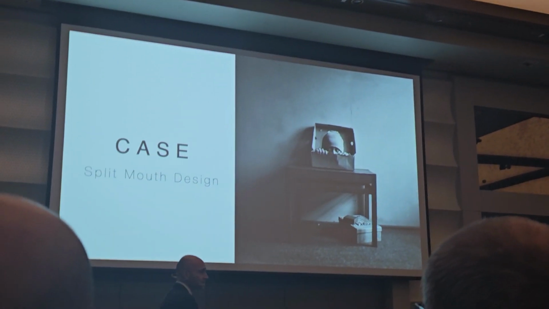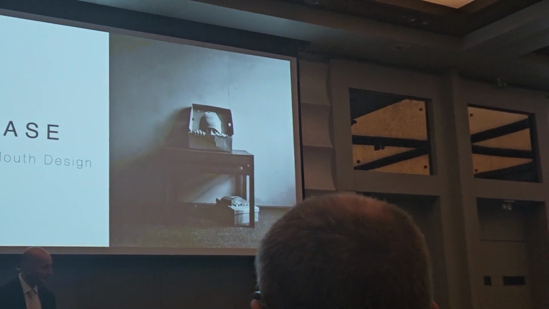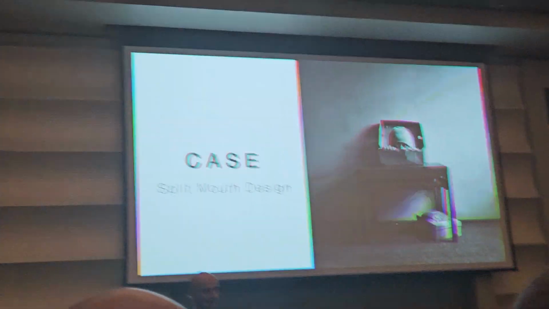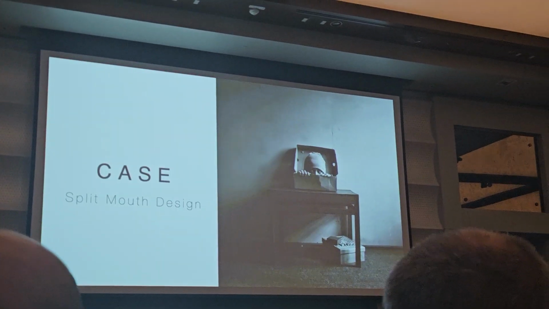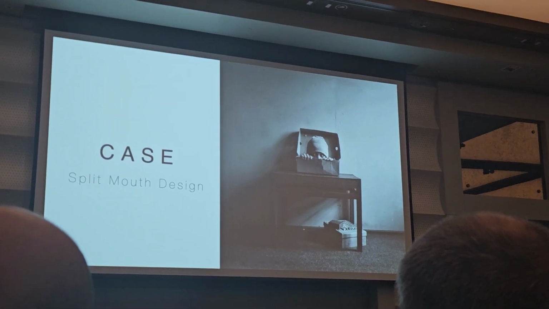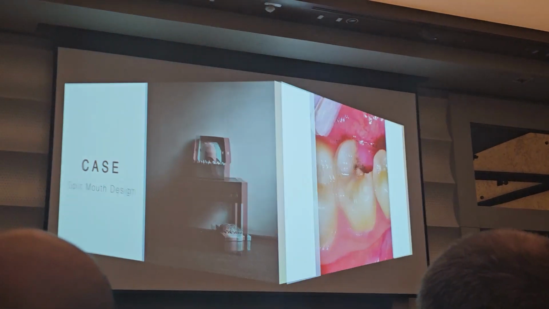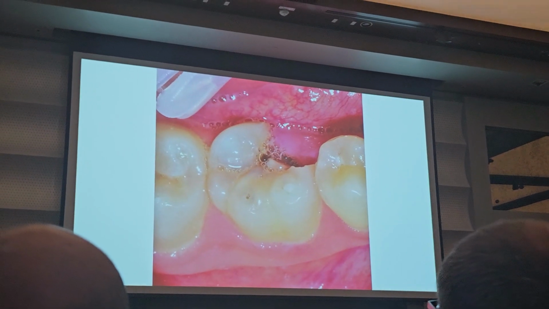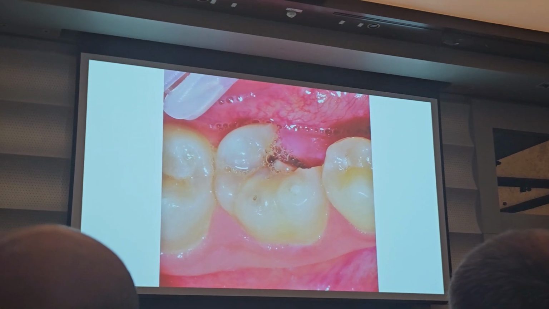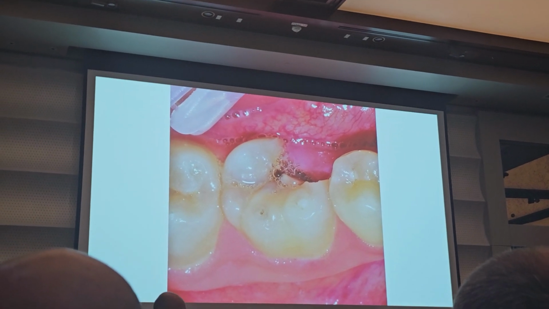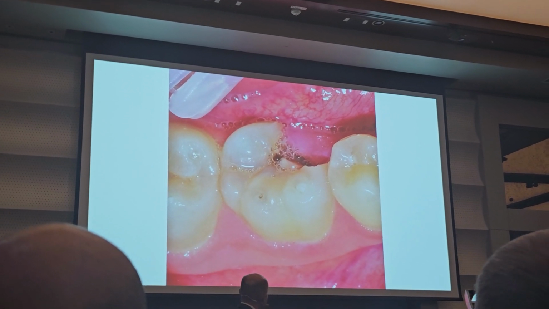So, split mouth design is the most powerful way for testing something. I did it for many materials and for many designs. In this patient, I did 2 different things in the 2 different parts of the mouth. So you can see the result and you can judge by yourself.